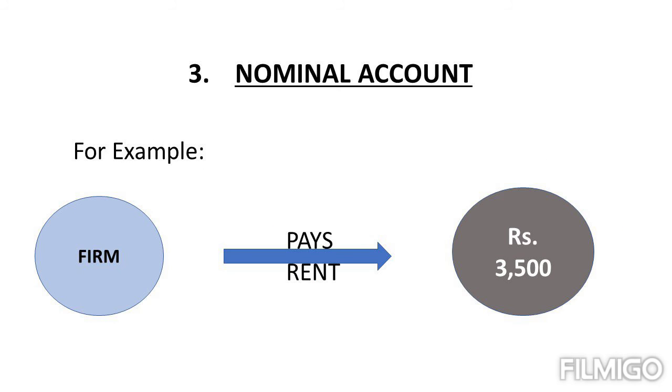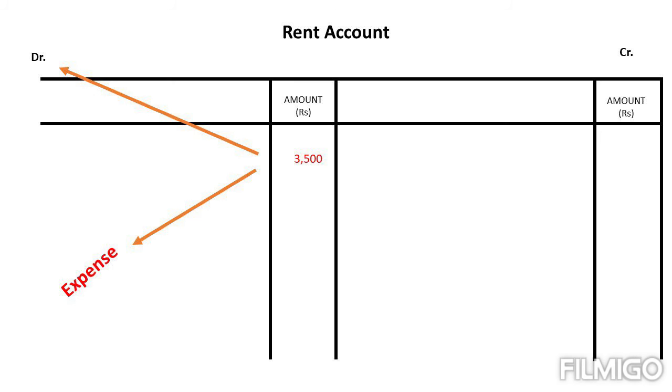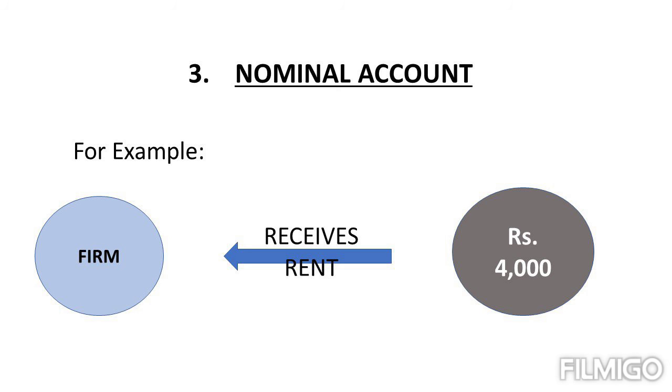For example, if a firm pays rent of rupees 3,500, then it is an expense. So the rent account will be debited by rupees 3,500. But if the firm receives rent of rupees 4,000, then it's an income.